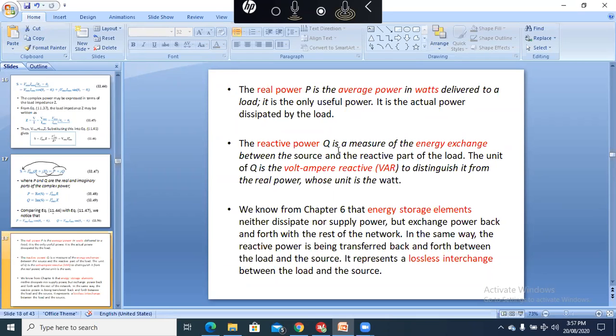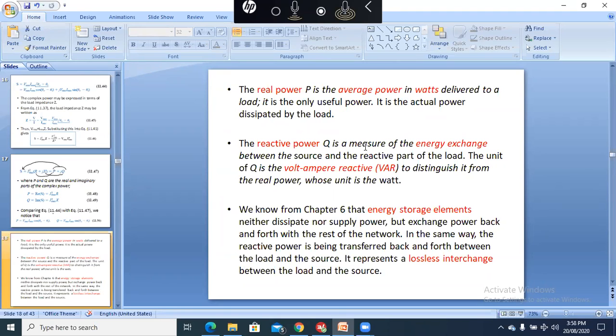However, the reactive part is in fact not consumed. That part is only exchanged from the source to the network. You know that the reactive power is across the energy storage elements. These energy storage elements store the energy, and there is no dissipation of power across them.